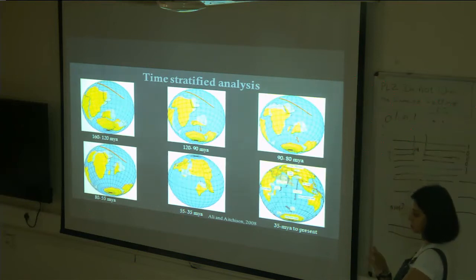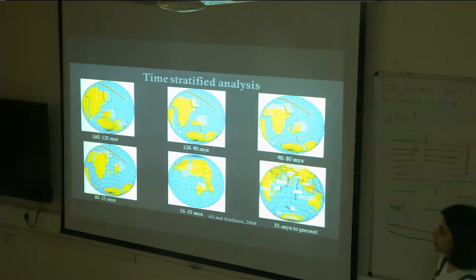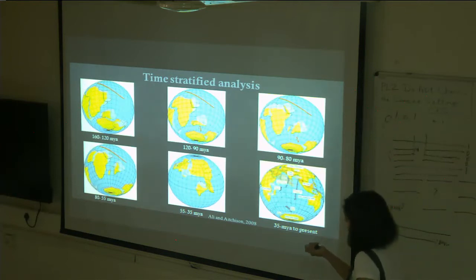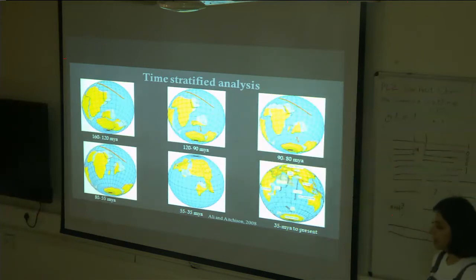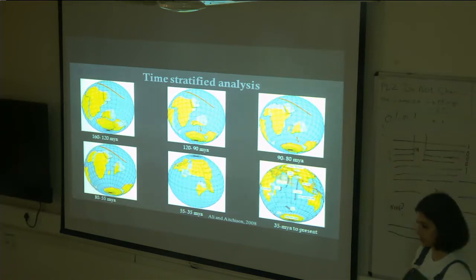This is where BioGeoBEARS gives you an advantage. In Lagrange, I think you code the area adjacency the same for the entire time period of your analysis. But in BioGeoBEARS, you can break it up into whatever number of time periods you want, and then you can code the dispersals and the adjacencies differently for each time period.